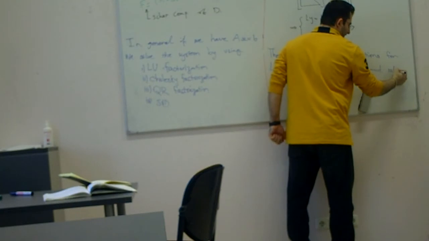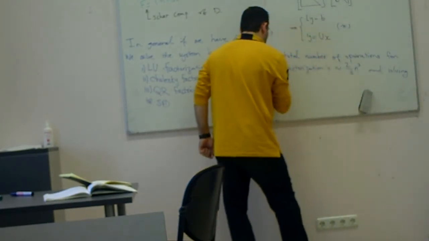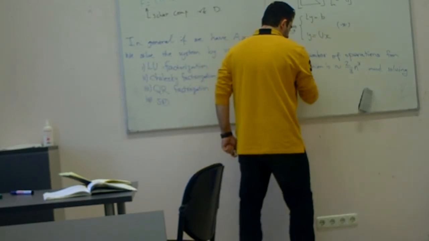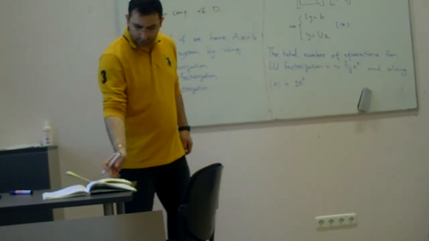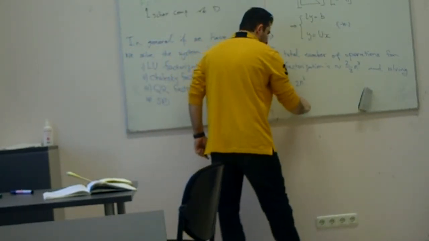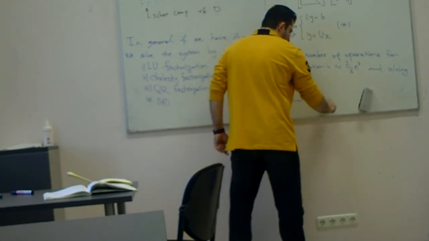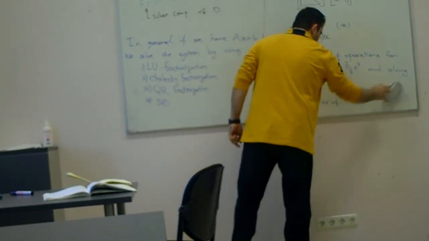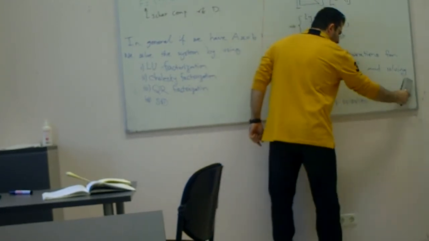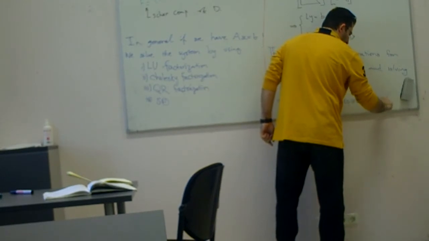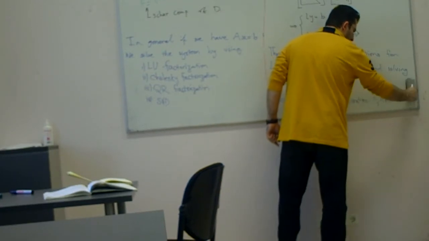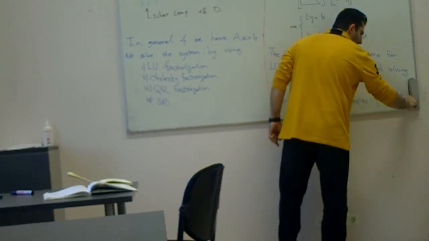And solving the two equations is 2n squared. Total number of operations will be 2/3 n cubed plus 2n squared flops.